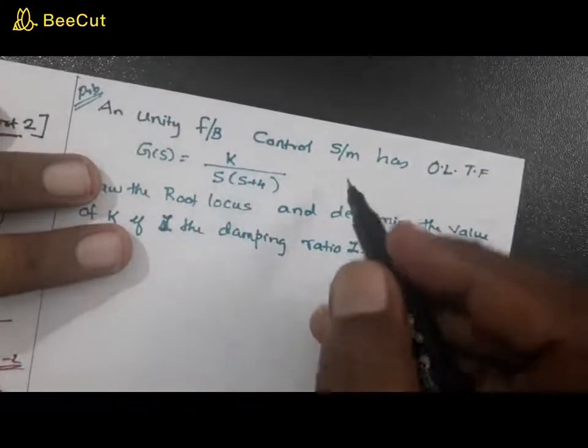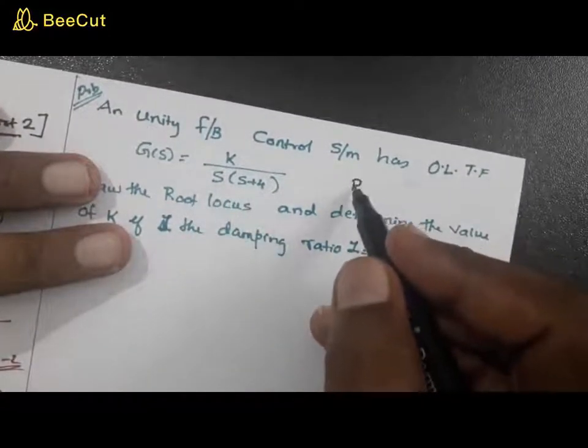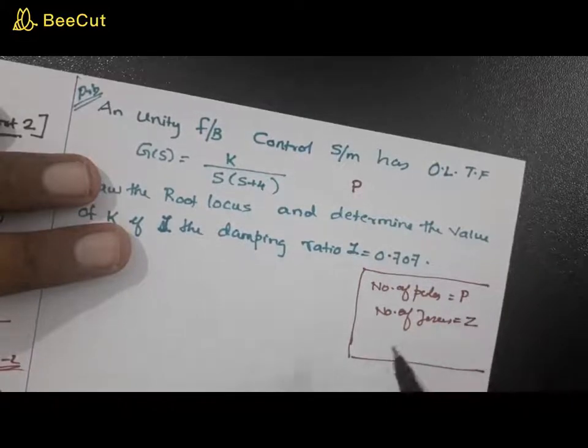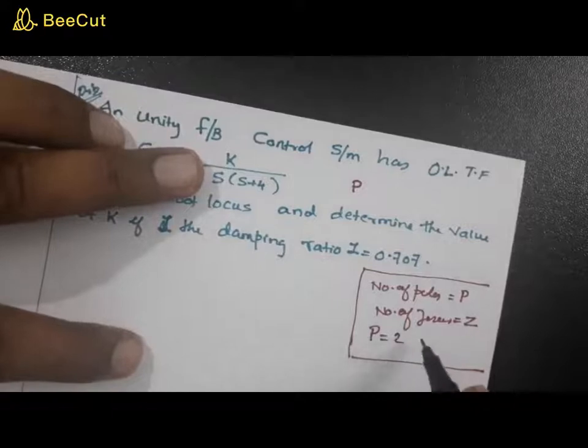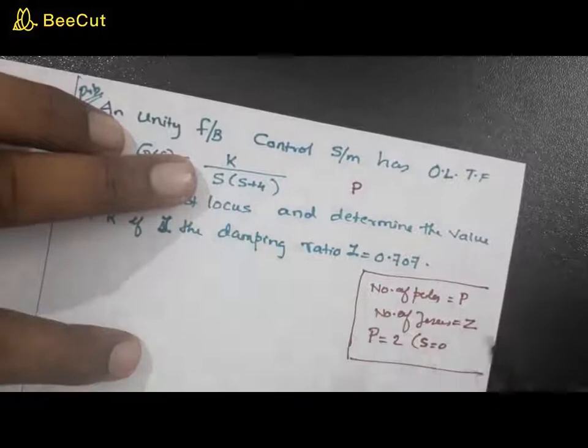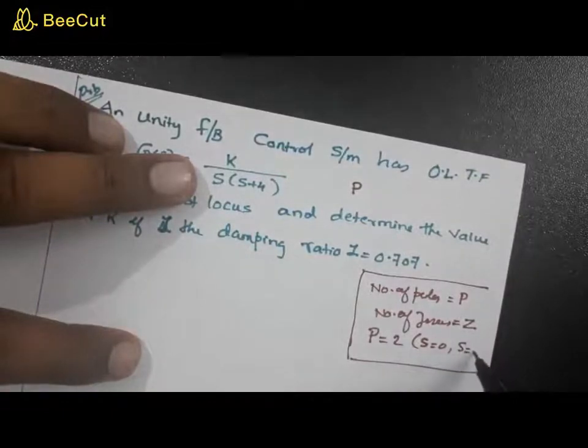So in this example, how many poles are there? Let us call the number of poles P and the number of zeros Z. In the above example, P is equal to 2. And what are those poles? Equating the denominator to 0, you will get s is equal to 0 and s is equal to minus 4.